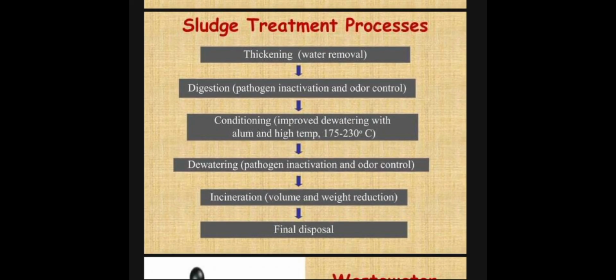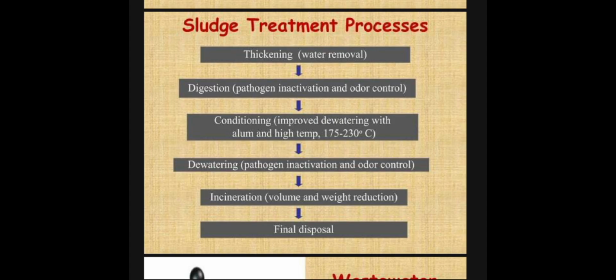Next, the sludge treatment process: thickening, digestion, conditioning, dewatering, and finally disposition. Sludge treatment means we are discussing the waste materials which settle at the bottom of the tank.